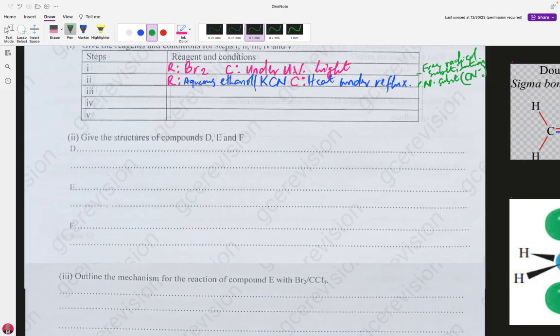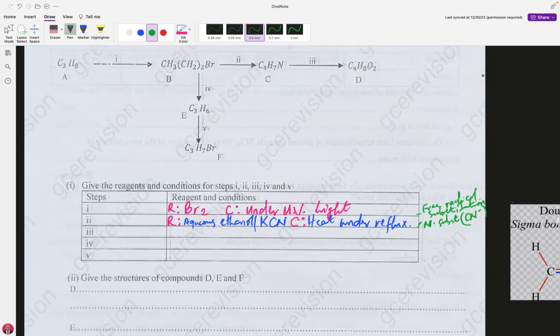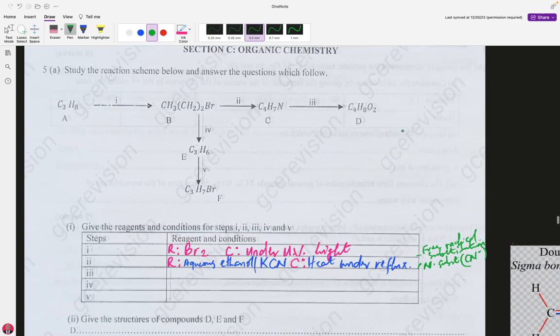Now, let's go to step three. Step number three is how can you convert this compound, because there is an increase in a carbon atom using a cyanide ion. That is a nucleophilic substitution reaction. The compound that results like this one here, we call it a nitrile.